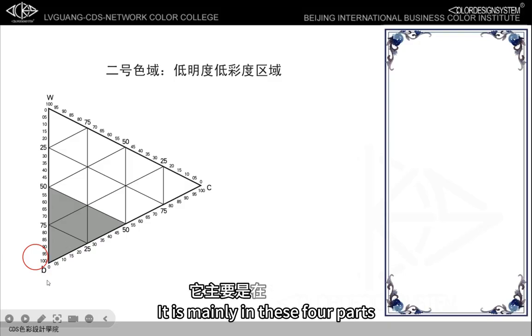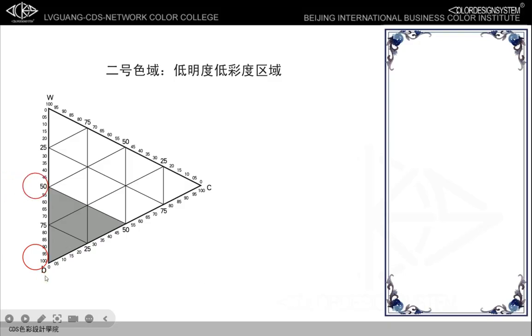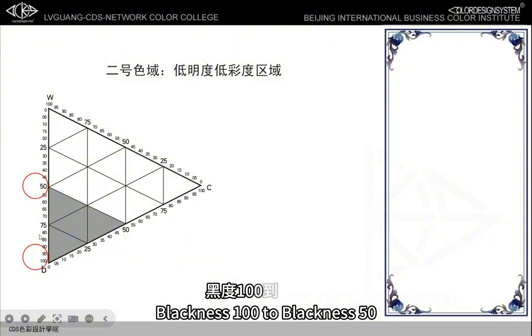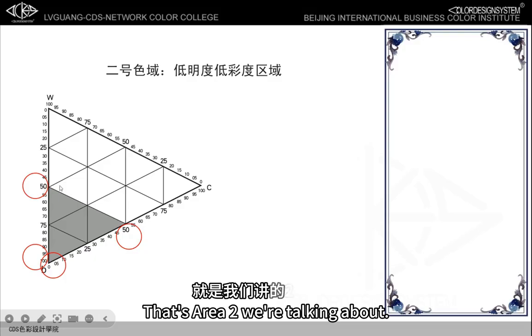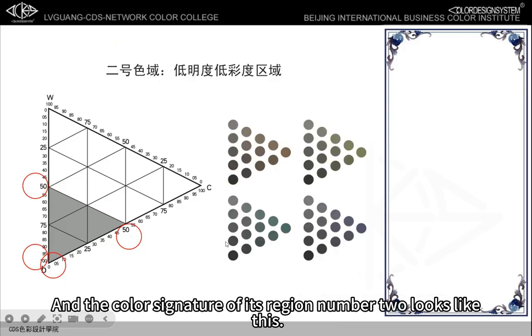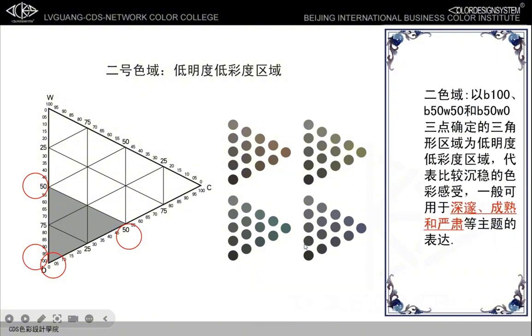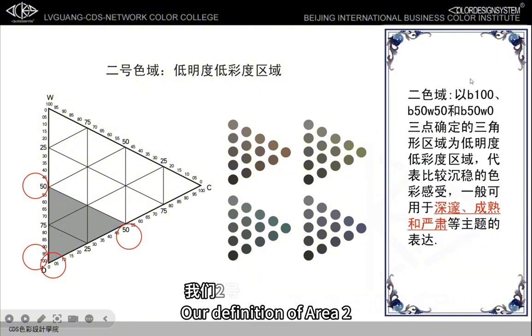It is mainly in these parts: blackness 100 to blackness 50, and chroma 50 to chroma 0. This is area 2 we're talking about, and the color signature of area 2 looks like this. This is our definition of area 2.